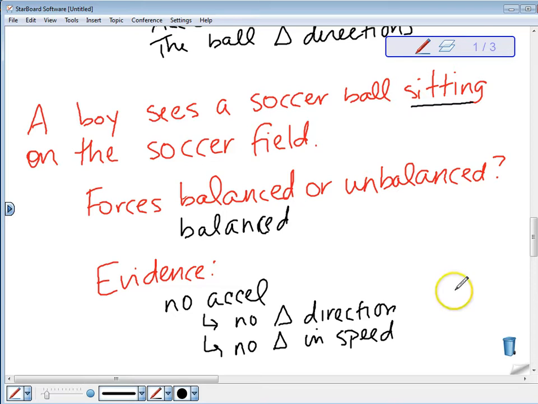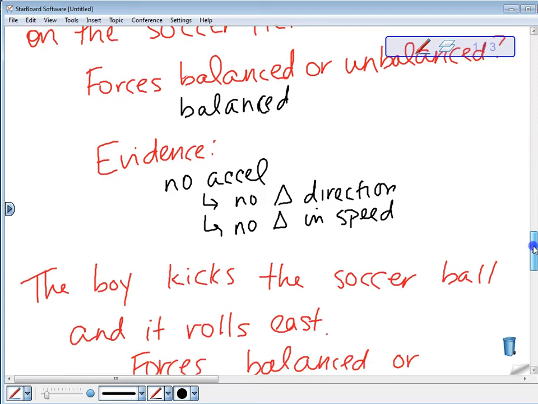Does that mean that there are no forces acting on it? No, it does not. If the ball is sitting on the grass, gravity is still pushing down on it. The earth is still pushing up on it. But what it tells us is that those forces are balanced. There may be wind blowing on it, pushing it one way, but there's friction pushing the other way. Okay, it doesn't mean that there are no forces. It simply means that those forces are balanced.